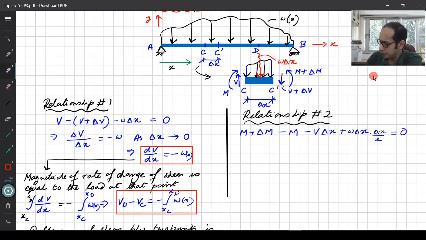Now this M and this M get cancelled. This last term is negligible because it is a product of 2 very small quantities, so it can be neglected.